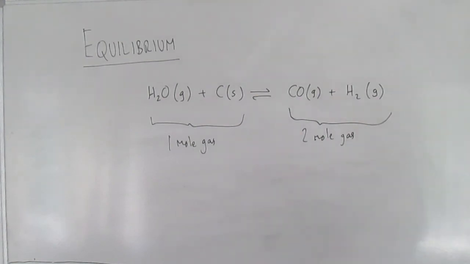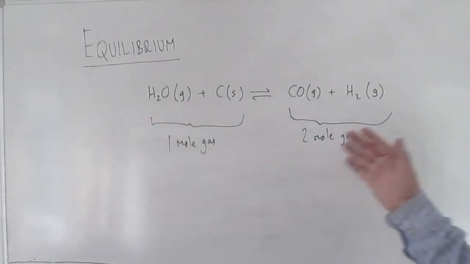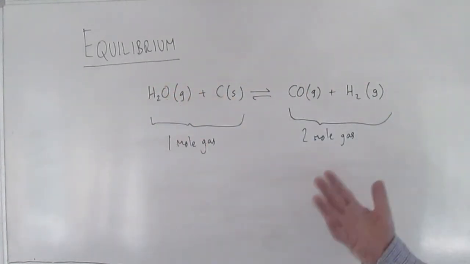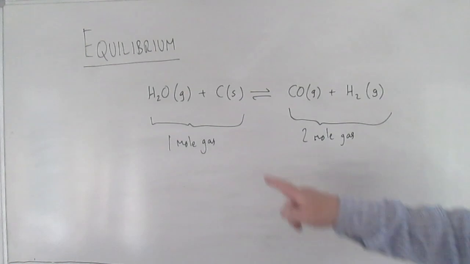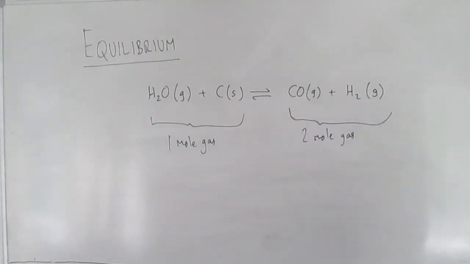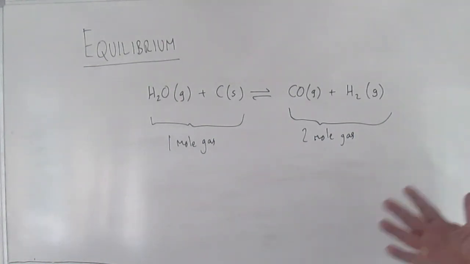And of course what that means is that if you increase the pressure, it will shift in the direction that tries to decrease it again, which is backwards, because moving backwards you are moving in the direction of fewer moles of gas, and so that will oppose the increase in pressure. So you have to watch the state symbols in these questions, and remember it's moles of gas, not just total moles, that are important when you're thinking about the effect of pressure.